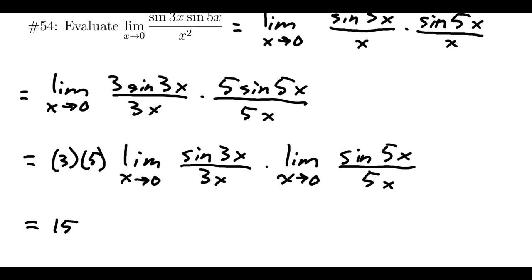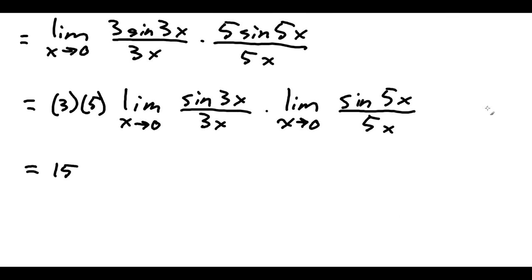Now, if you are comfortable with the appropriate packaging mentally, you can go ahead and evaluate those. But if not, you might find it useful to do a little bit of change of variables here. Perhaps we let t equal 3x. Then we would have the sine of t divided by t. And as x approaches 0, 3x approaches 0. So that means that t approaches 0.